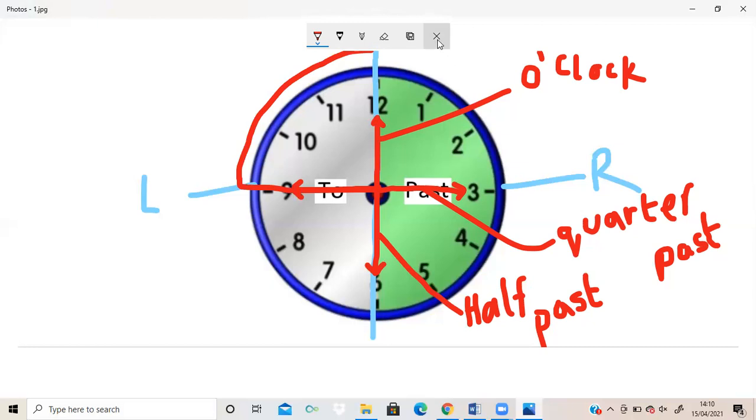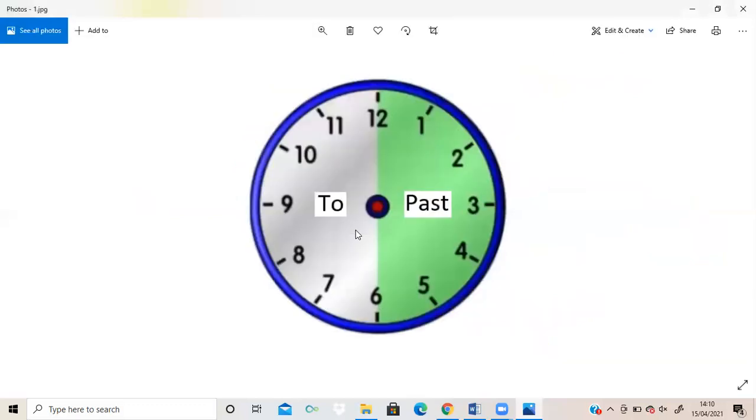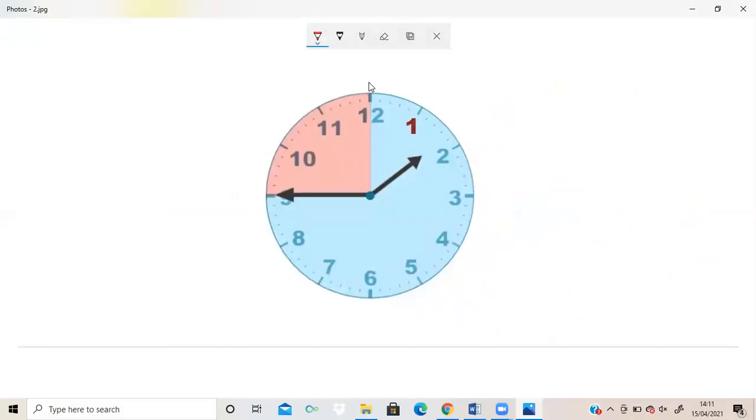Now let's see the next picture, then it will be easier for you to understand what we are going to learn today. Look at this clock. The minute hand starts its journey from here, from 12.